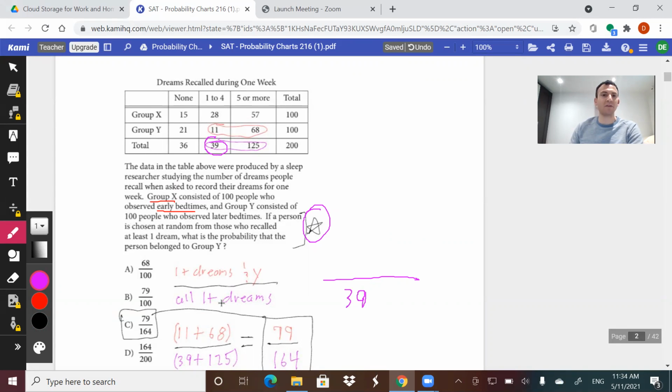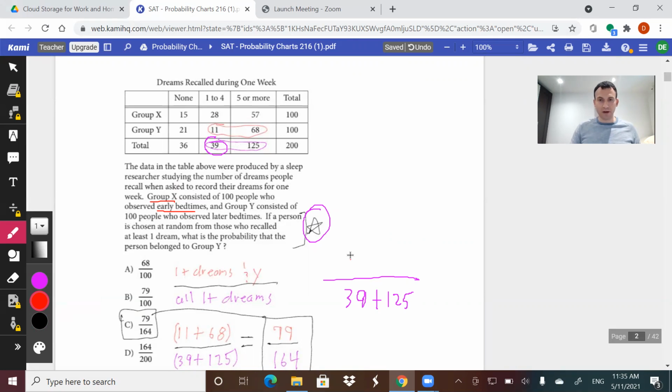So we have 39 in total who recalled 1 to 4 dreams, 125 across both groups who recalled 5 or more dreams. So that's what we're choosing from, all of those who recalled 1 or more dreams across both groups. What we want, though, is only 1 plus dream, so 1 or more dreams from group Y.